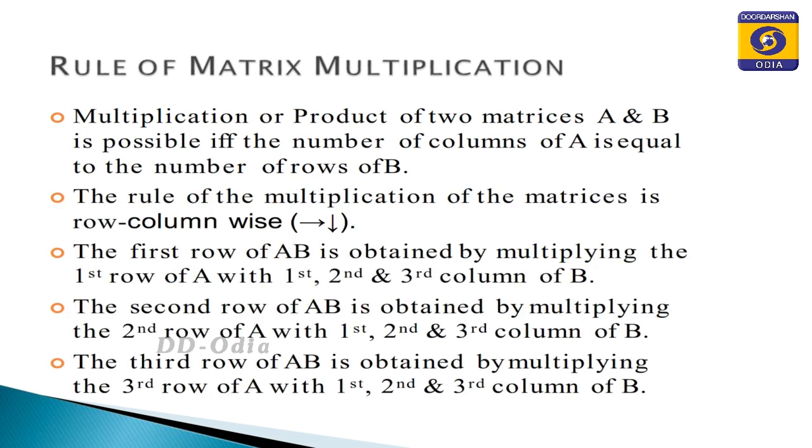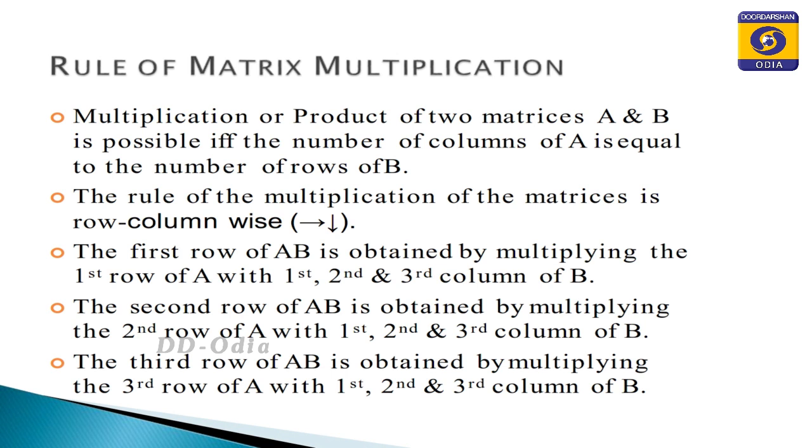Next are the rules of matrix multiplication. Matrix multiplication is possible whenever, as I have already told, the column of the first matrix is equal to the row of the second matrix. The matrix multiplication is row by column wise.